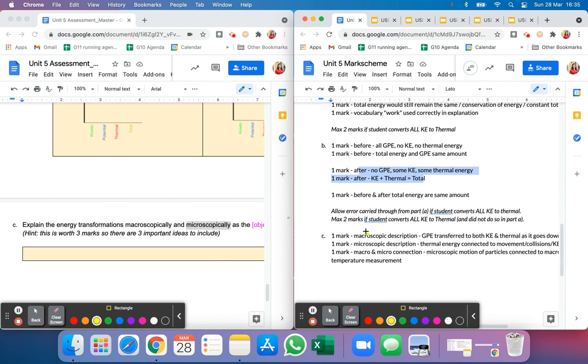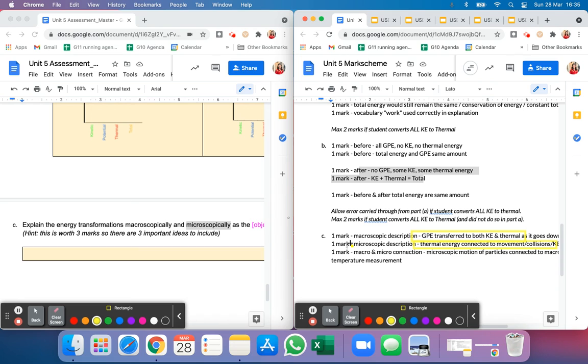So 3 marks here. 1 mark for macroscopic: GPE transferred to KE and thermal, kind of saying what you've said before, and recognizing that this is a macroscopic energy transformation. 1 mark for mentioning that more thermal energy means more movement in particles, or molecules and atoms.